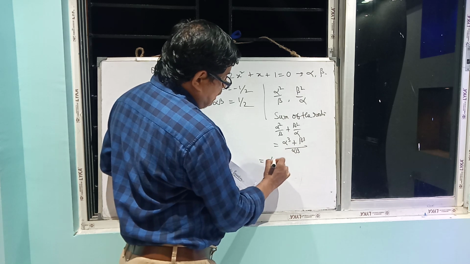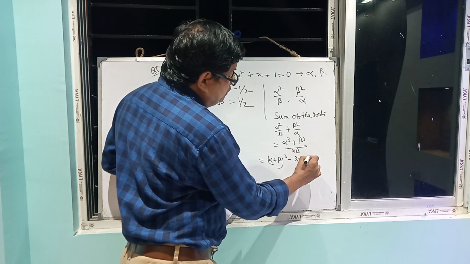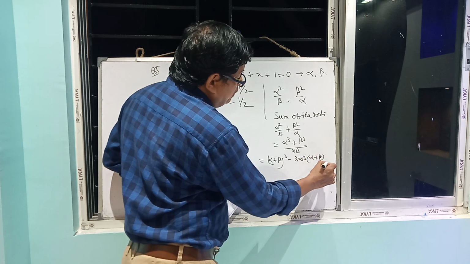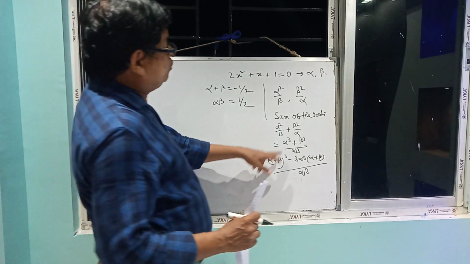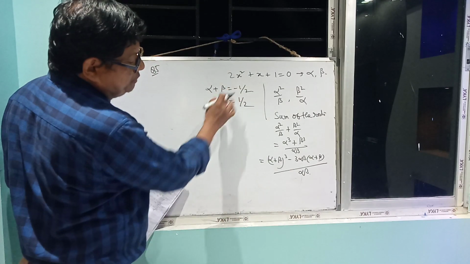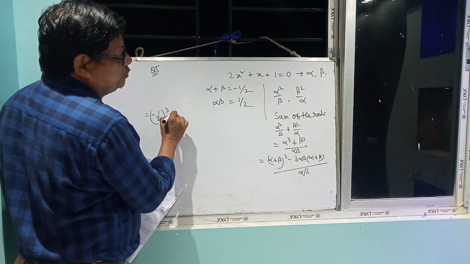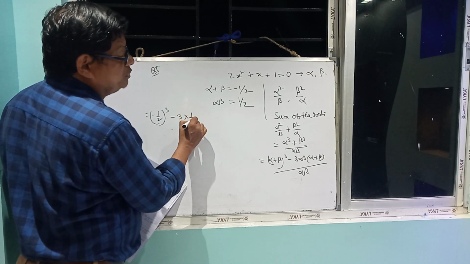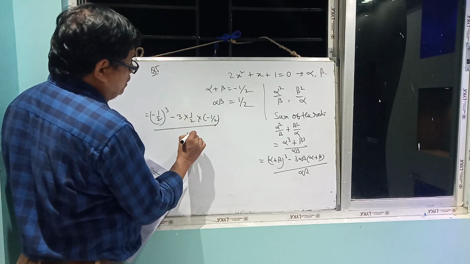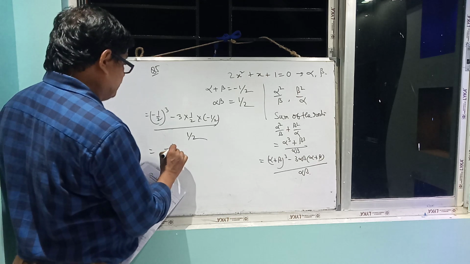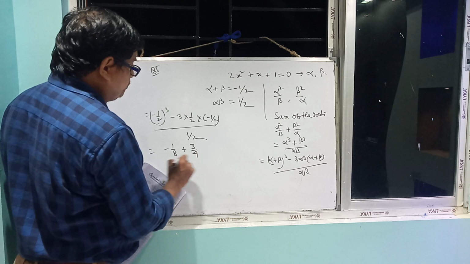So this will be alpha plus beta whole cube minus 3 alpha beta into alpha plus beta, by alpha beta. So alpha plus beta whole cube, minus half is given. So write minus half whole cube minus 3 alpha beta half, which will be minus half by alpha beta half. Now minus 1 by 8 plus 3 by 4 by a half.